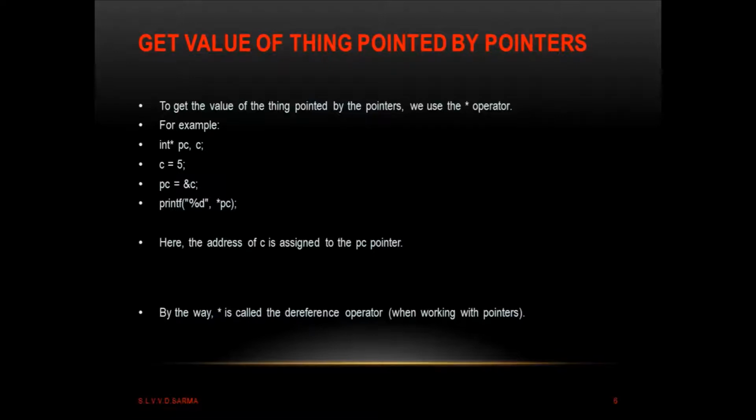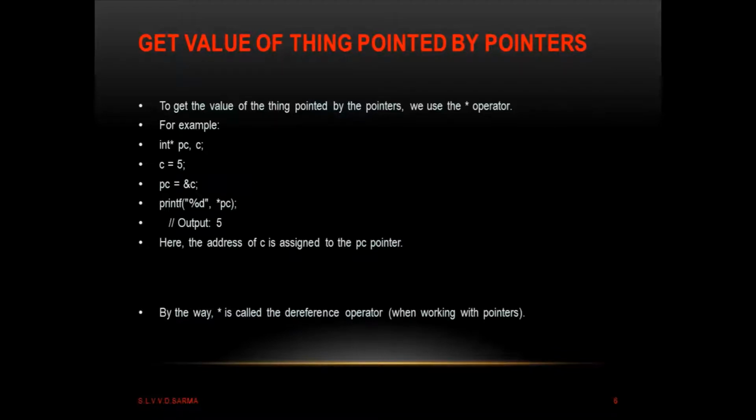Asterisk pc is called the dereference operator. pc itself has the address of c, and at that address location, the value 5 is there. So we are going to get the output as 5.